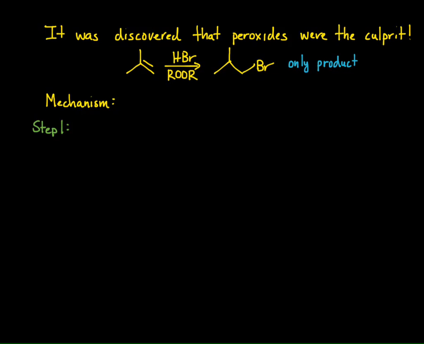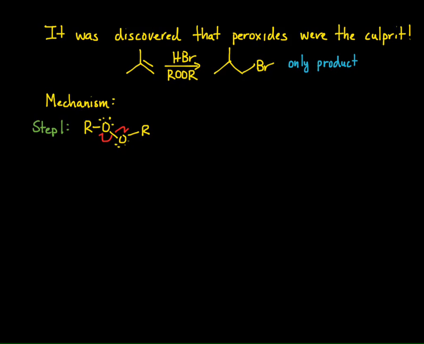And so when we look at a radical mechanism, we tend to look at it in various steps. And you have to understand that if I have a peroxide, not all of the peroxide is going to dissociate into peroxy radicals. But the key is that I only need a very small concentration of peroxide to undergo homolytic cleavage.